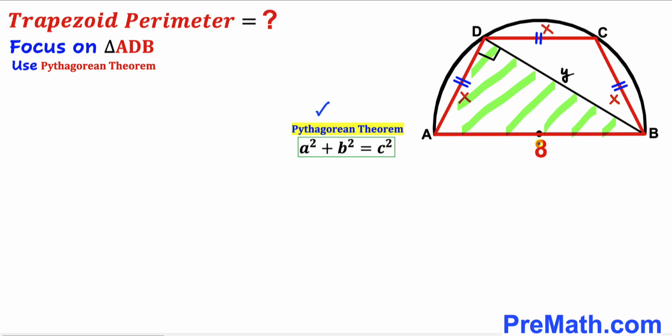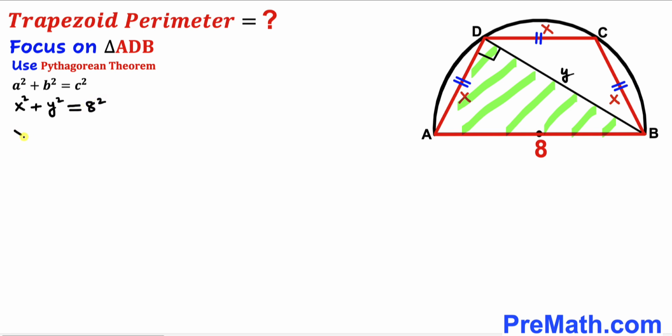And in our case, our hypotenuse is 8, whereas our two other legs are x and y. Let's go ahead and fill in the blanks in this Pythagorean formula. So we got x square plus y square equal to 8 square. So this could be written as x square plus y square equal to 64.